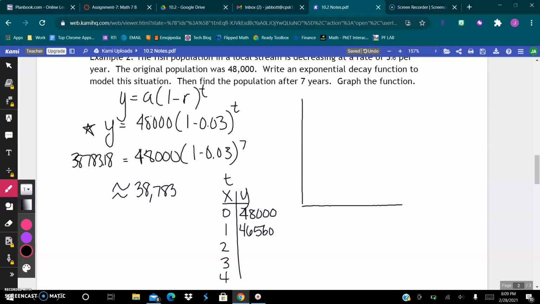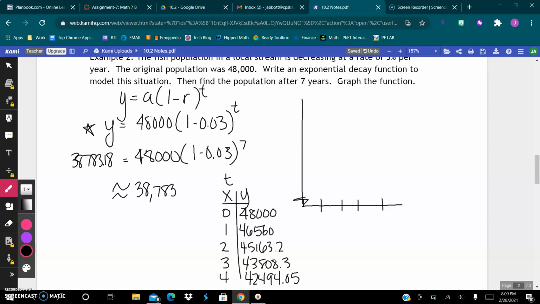After 2 years, we're going to be at 45,163.2. 3 years would be 43,808.3. And 4 years is 42,494.05.